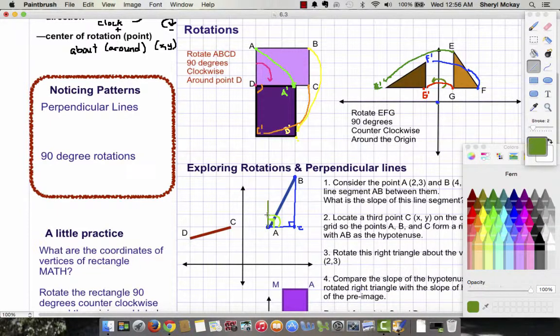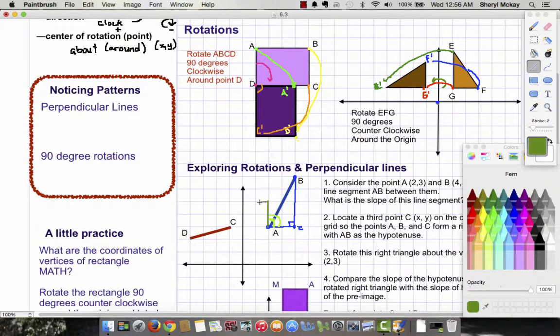Okay? And then this is the bottom of my triangle. So now the hypotenuse is coming down this way, and this side is coming this way. This C is going to come around, and it goes 1, 2, 3, 4 in that direction.